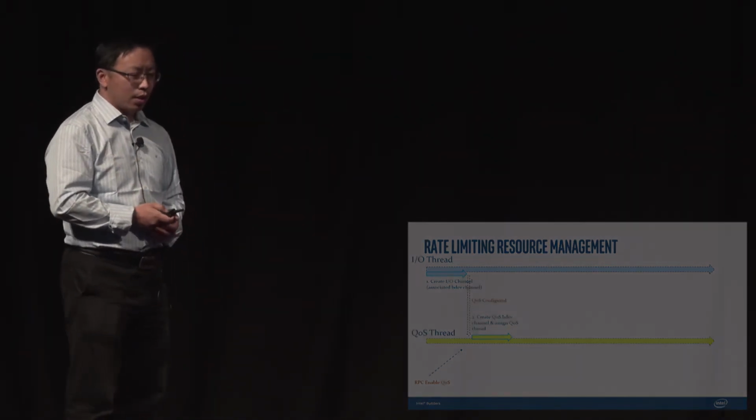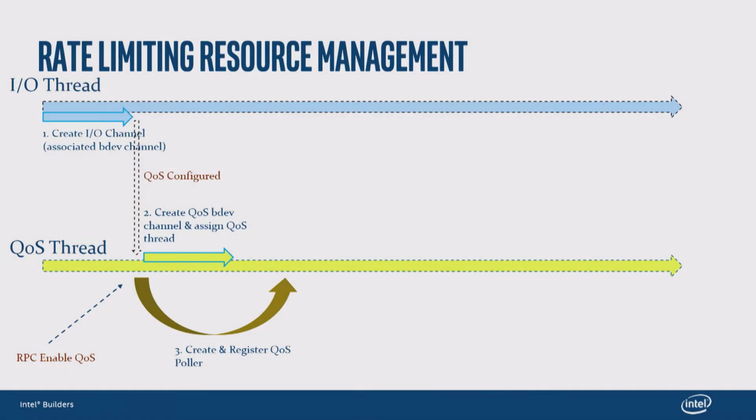Meanwhile, we will create and register a QoS poller. The poller is a task running on the reactor to periodically do something, for example, handle async events and check the hardware completions. And once these resources are created, it can do the IO handling.